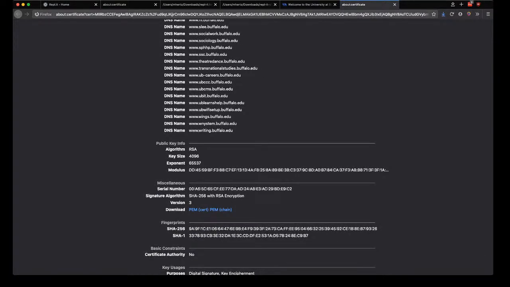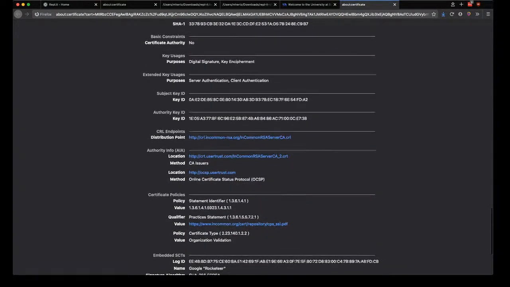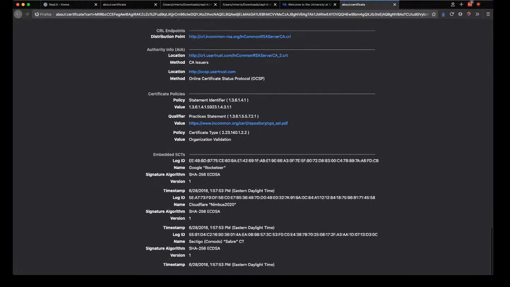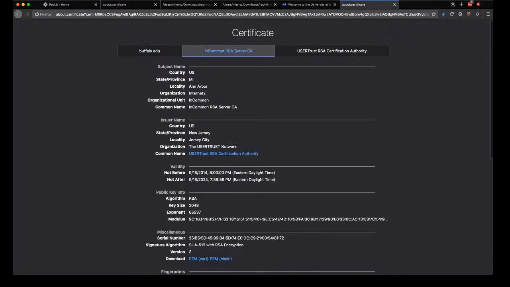You can see this is a key. This certificate uses RSA. RSA and elliptical curve are both perfectly acceptable. Both are perfectly secure. Just a matter of which one you want to use. Couple different, more sort of boilerplate stuff, what it works with. And in fact, if we want, we can look at InCommon, the company that issued UB's certificate.